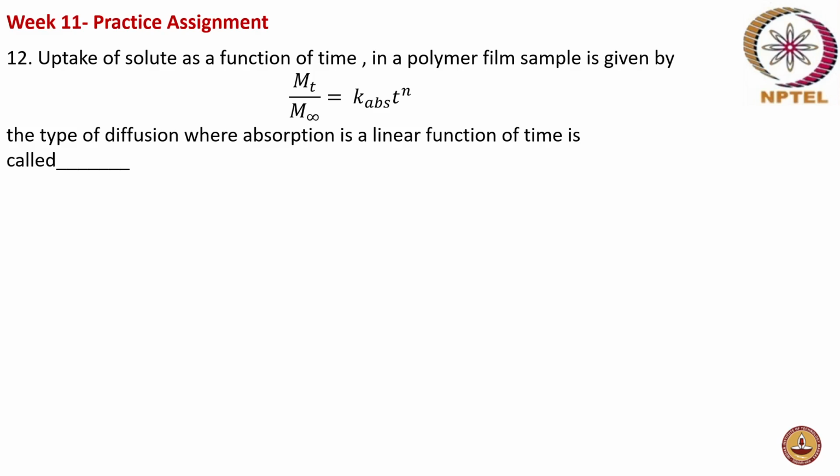If absorption is a linear function of time, then Mt by M infinity is equal to k absorption into t power 1, so n should be equal to 1. What type of diffusion is it called in this case?